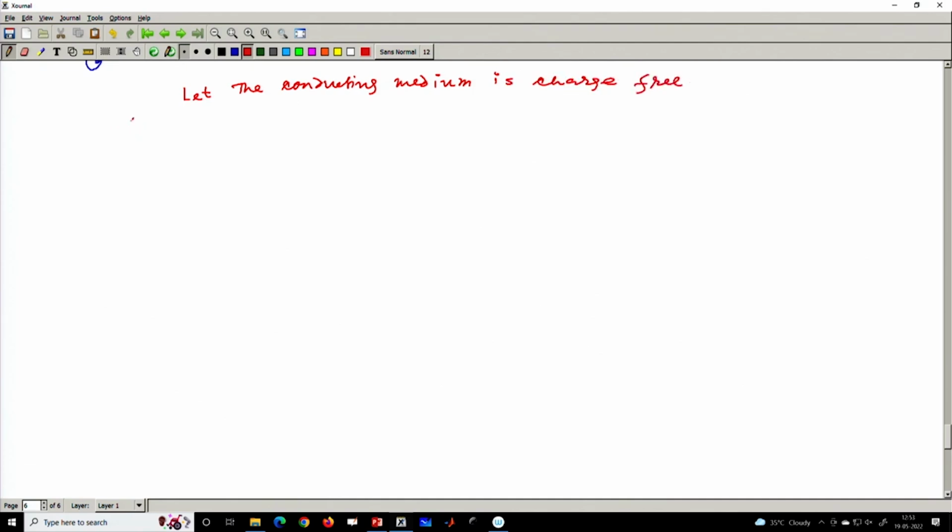That means we consider there is no free charge, rho F is 0 here, and external current free also.